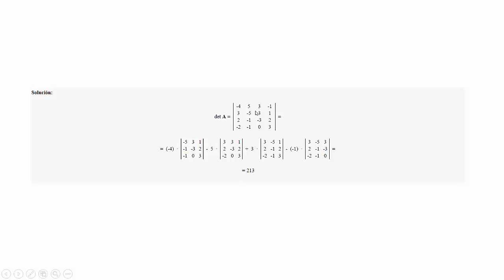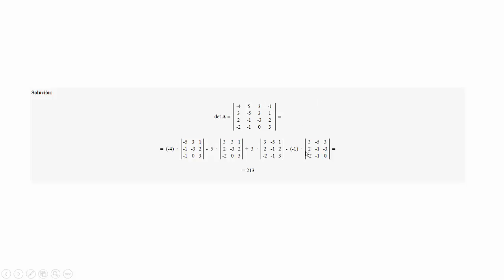The same thing is for the number 3, that is a positive 3 multiplying a determinant of 3 by 3, that is shown here. Remember that we are going to remove the column and the row that are intersecting that number. So the number is 3, we are going to remove the column that is below the 3 and the row that is at the sides.